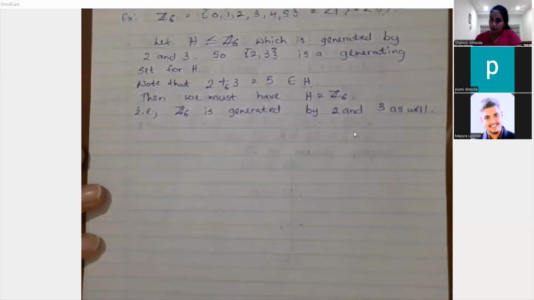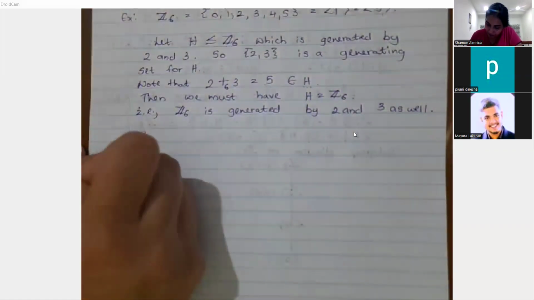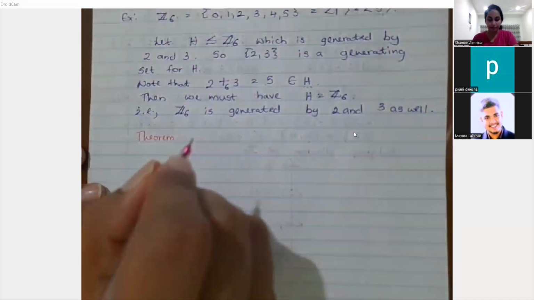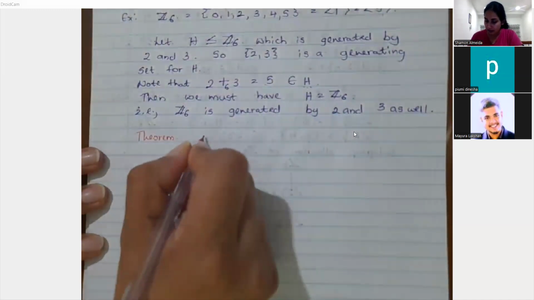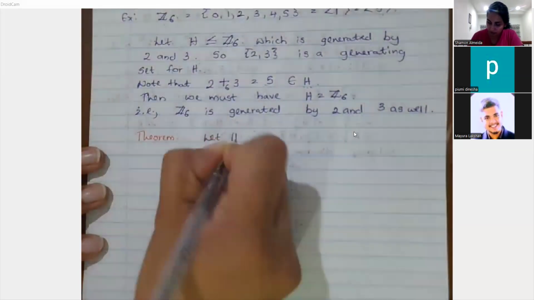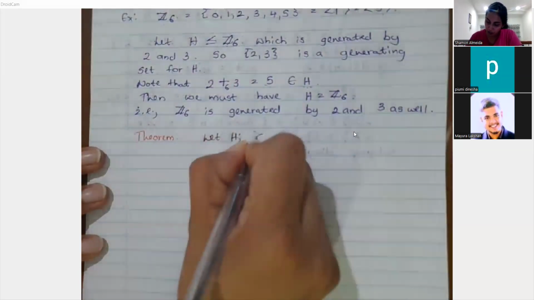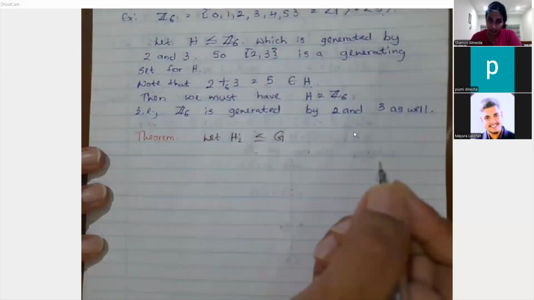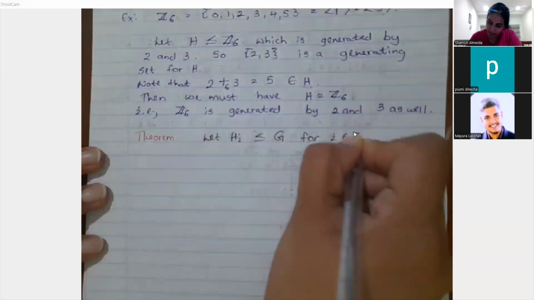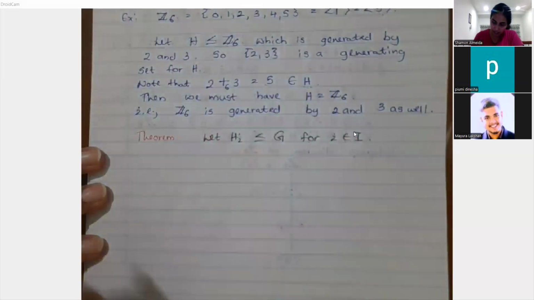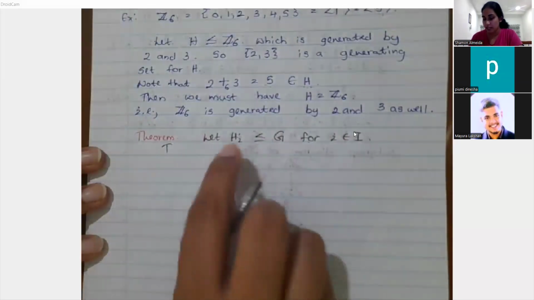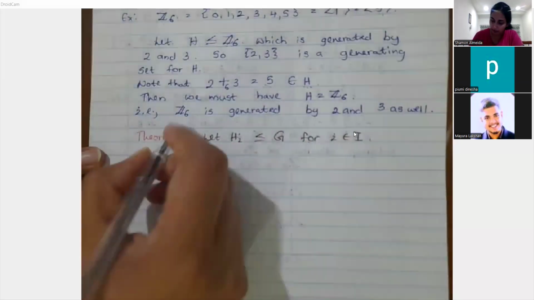Now the next theorem. Let's take Hi to be a subgroup of a group G for each i in any index set capital I. Now here G is a group, and Hi is a subgroup of G for each i.